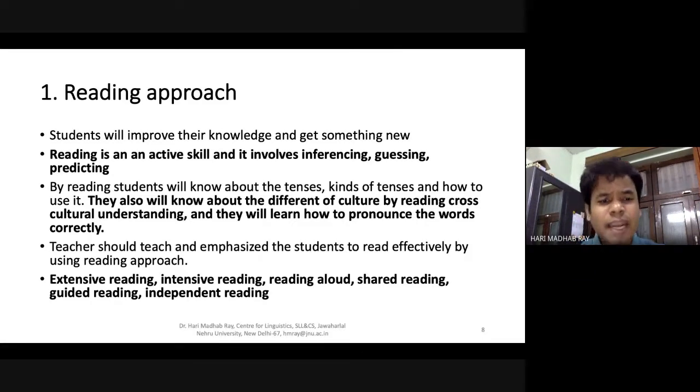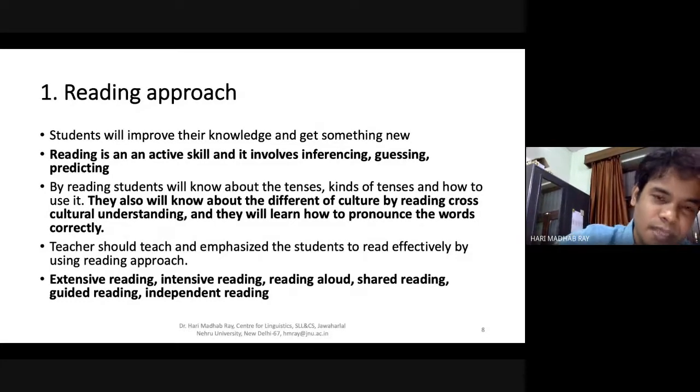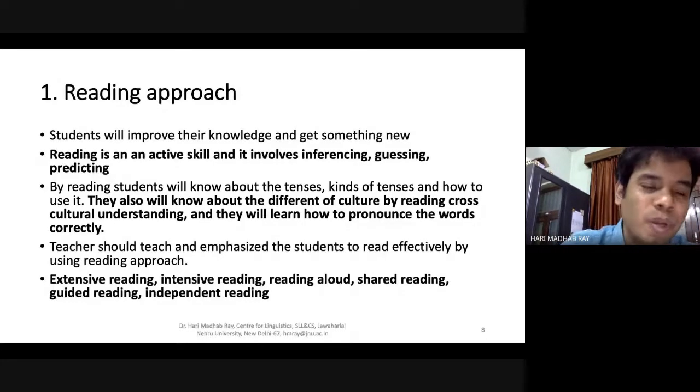There are different kinds of reading practiced in the class by teachers: extensive reading, intensive reading, reading aloud, shared reading, where a group of people share the reading, guided reading, where the teacher is present and guiding how to read, and independent reading. So there are different types of reading, you see. This is still being practiced, especially in schools and colleges, and it's pretty useful for learning a second language, which is the subject we are talking about.